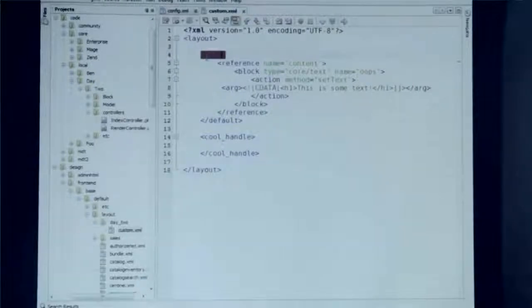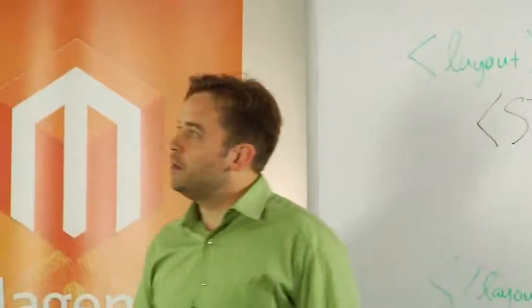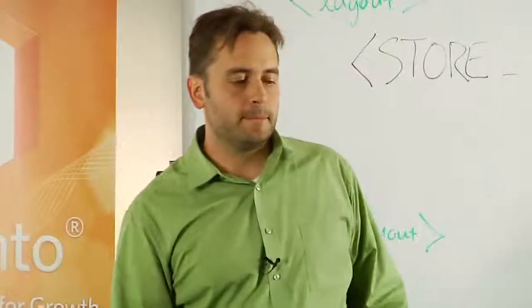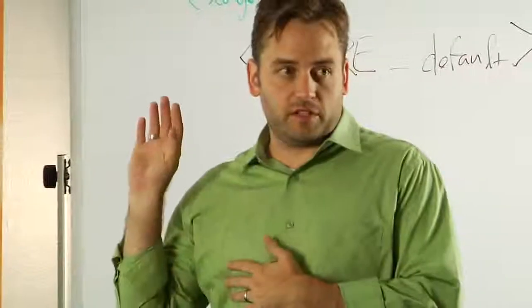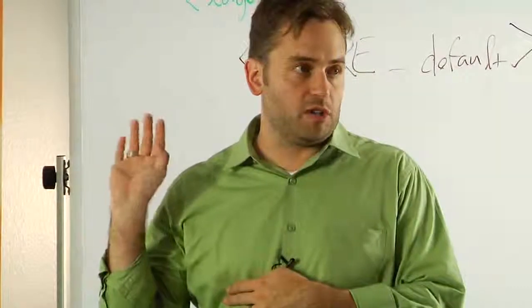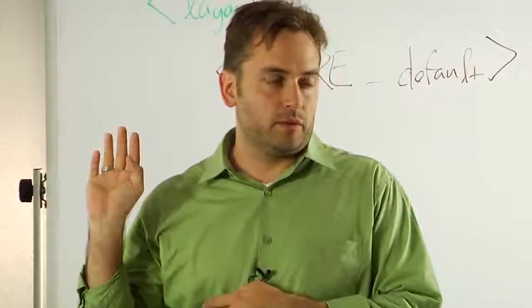Let's change this to catalog product view. I can refresh here, and this will be gone. Okay? It's still being loaded. Our layout XML file is always being loaded for every request.